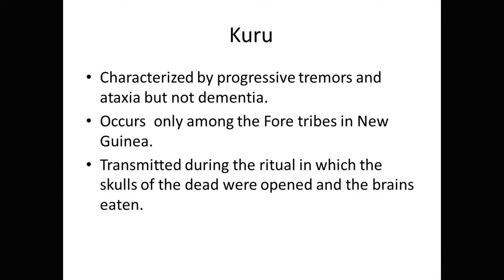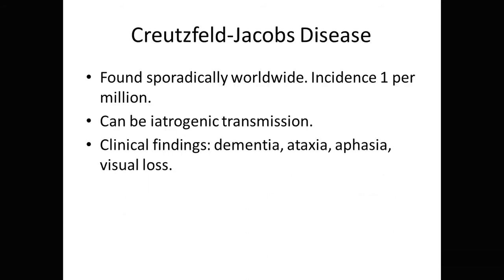So the prions could be transmitted quite easily to the people. The characteristic feature of kuru was ataxia, tremors, problems with coordination, but dementia was not so common.